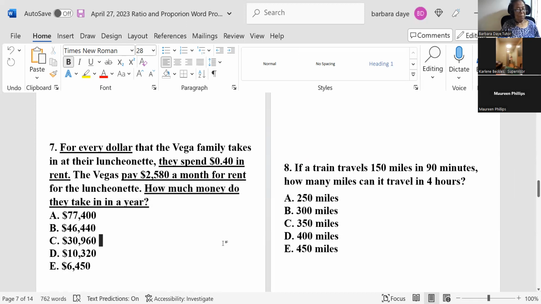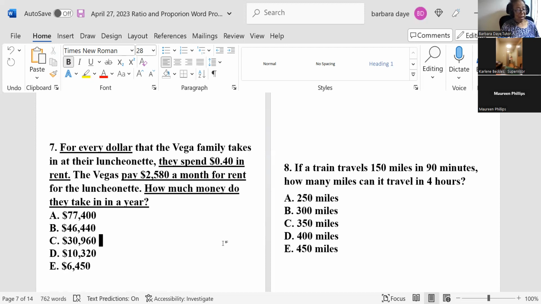Okay. 40 cents on rent and 2,580 a month for rent. For every dollar that they take in, they spend 40 cents. 0.40 is 40 cents.